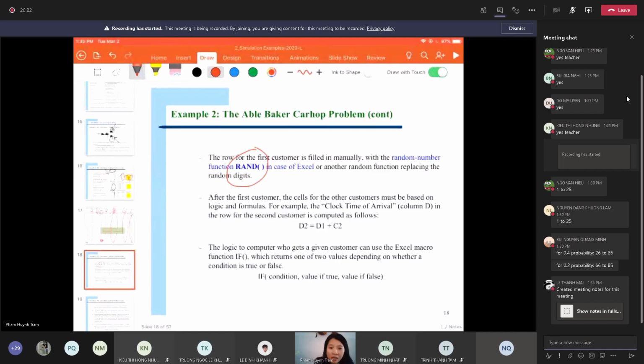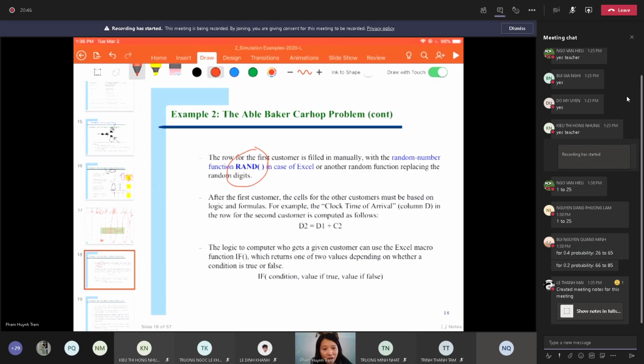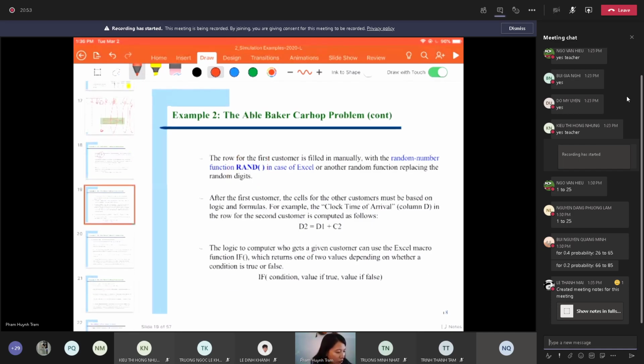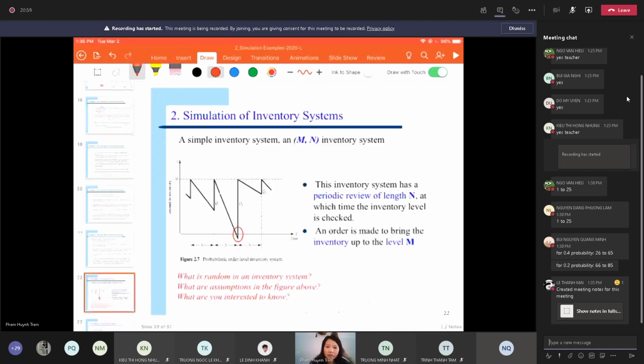You don't need to use the calculator, just use this function to generate the random digit, and then you assign the random digit to the inter-arrival time and the service time. You need to spend time and effort on the first 2 customers, and after that you get the hang of it and will finish very fast. So I leave this one for you to do at home.